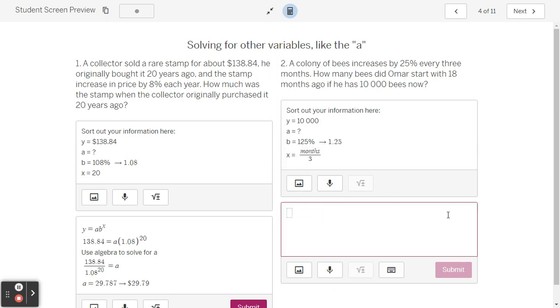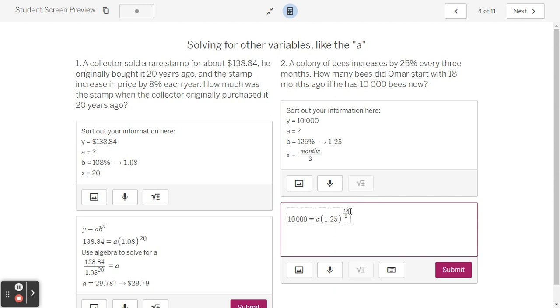Now let's substitute this into our equation. y is equal to a b to the power x. 10,000 is equal to a times 1.25 to the power of M over 3, where a is the original amount and M is the number of months. Now we know that Omar had started 18 months ago.